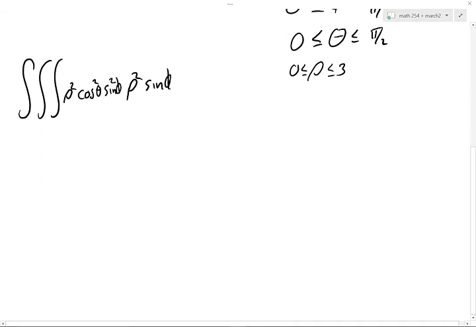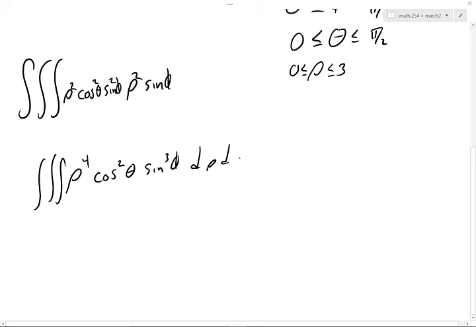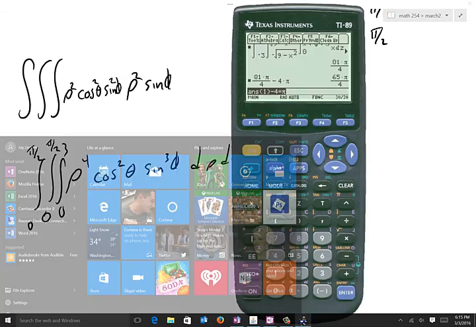So this really becomes rho to the 4th cosine squared theta sine cubed of phi. Notice how they're all independent of one another, so you can do them in any order you want. So rho 0 to 3, theta 0 to pi over 2, phi 0 to pi over 2, and we should be home free.